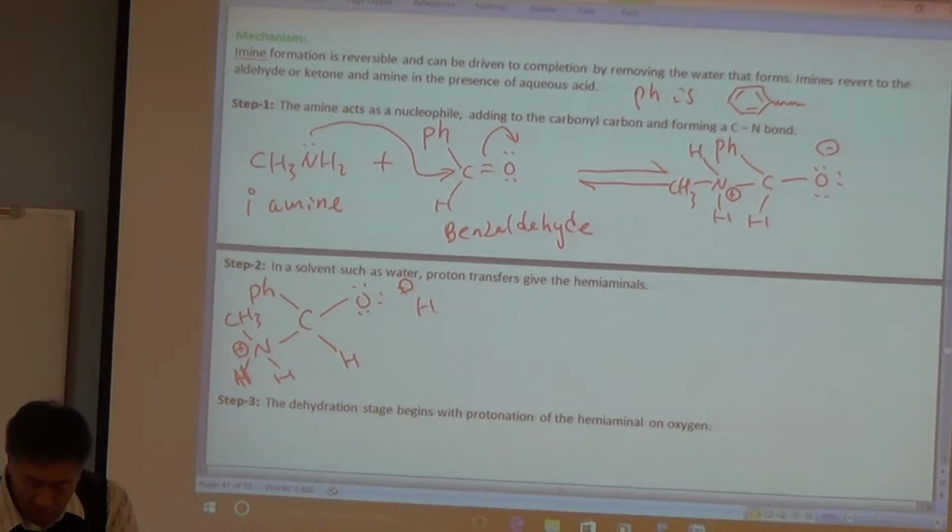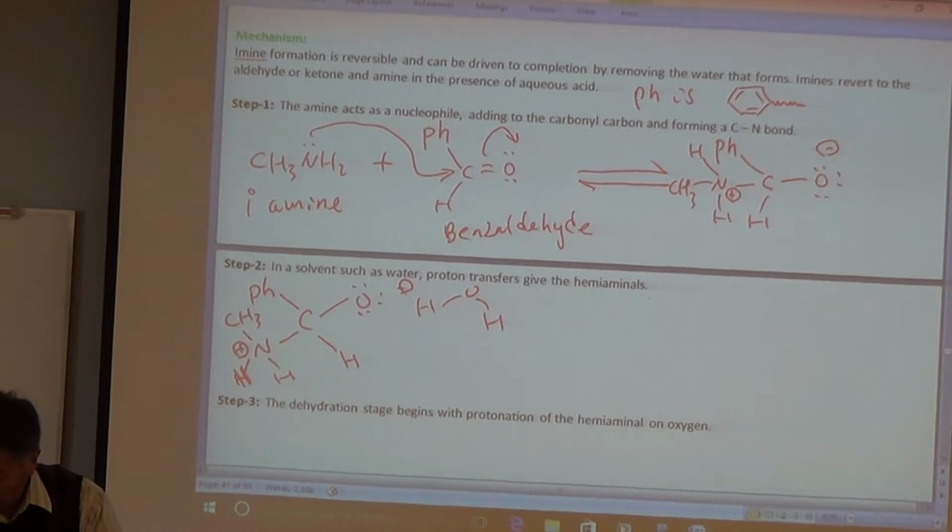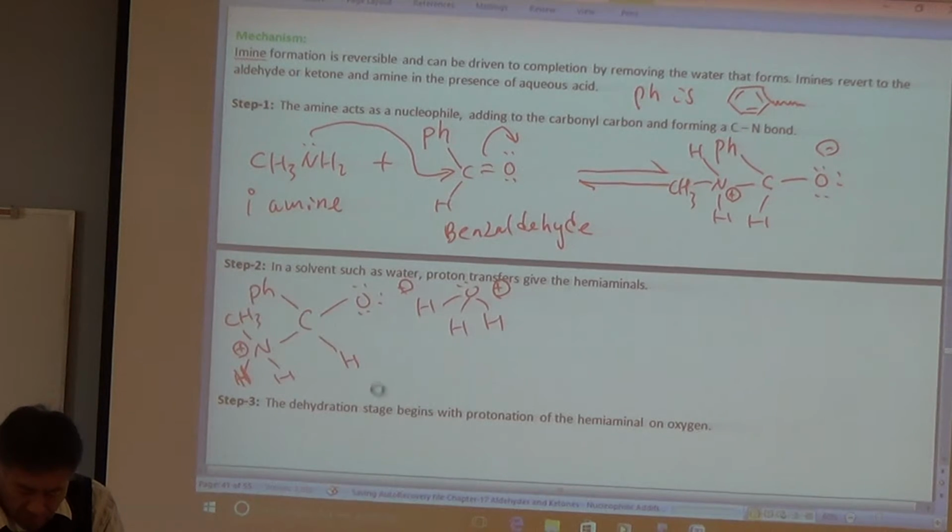You will take acid to do the protonation, and then you will take water to do the deprotonation.